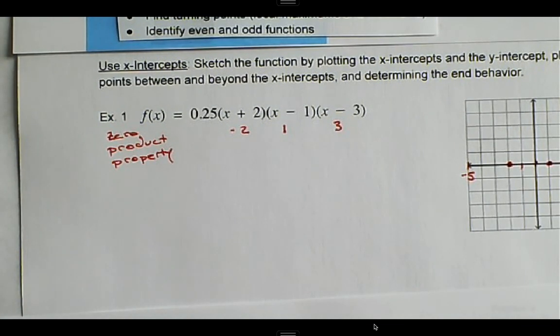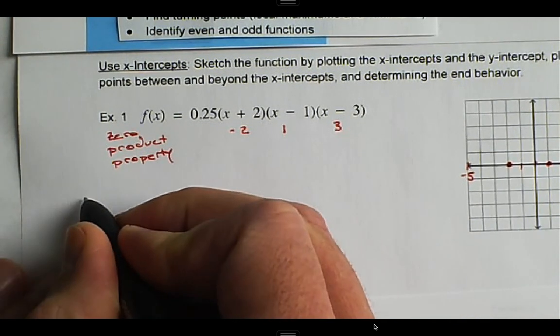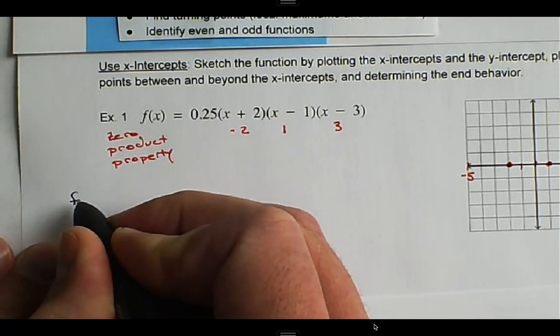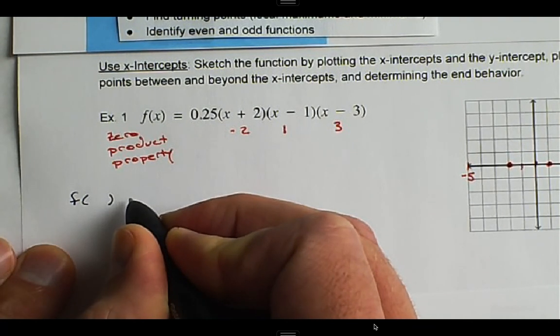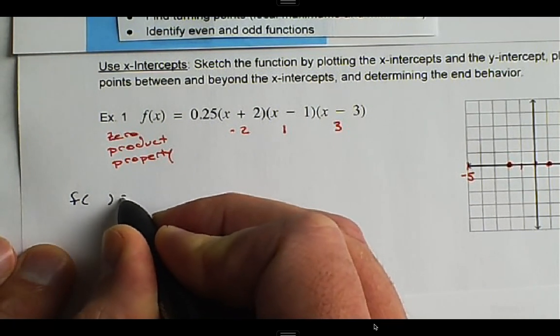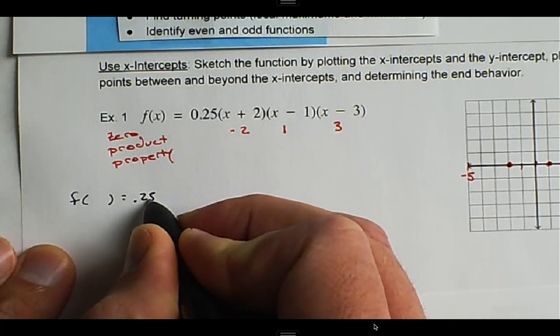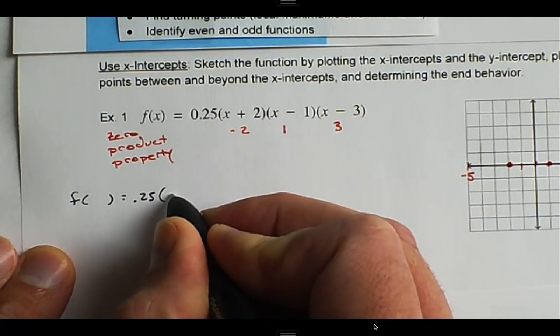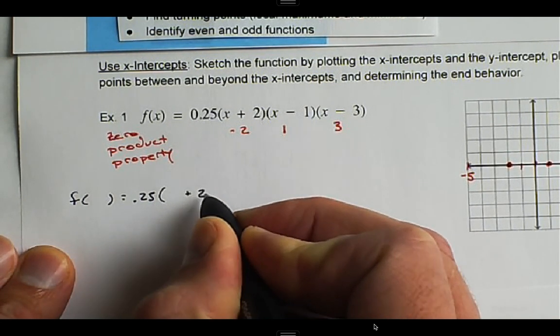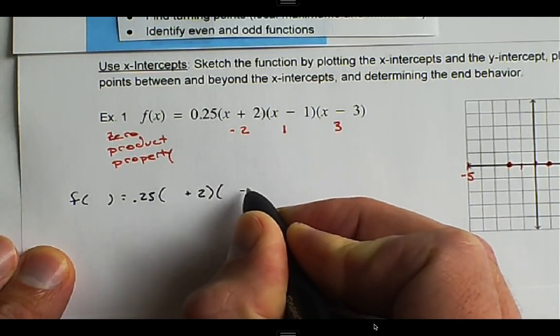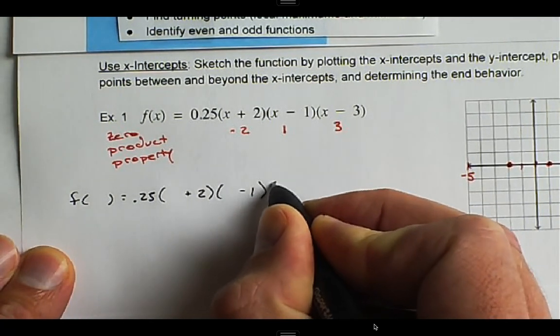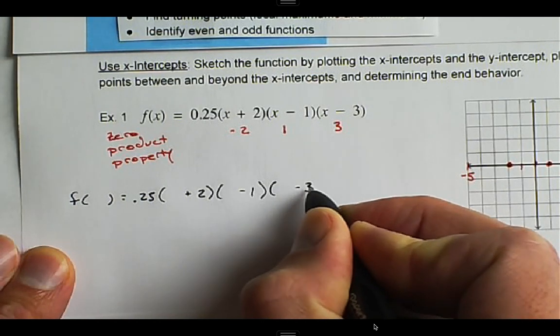So we have the function, and let's evaluate the function at 0. The function evaluated at 0 will be equal to 0.25 times (0 plus 2) times (0 minus 1) times (0 minus 3).